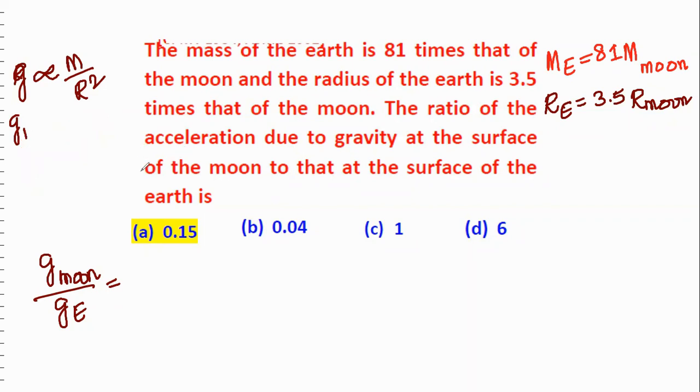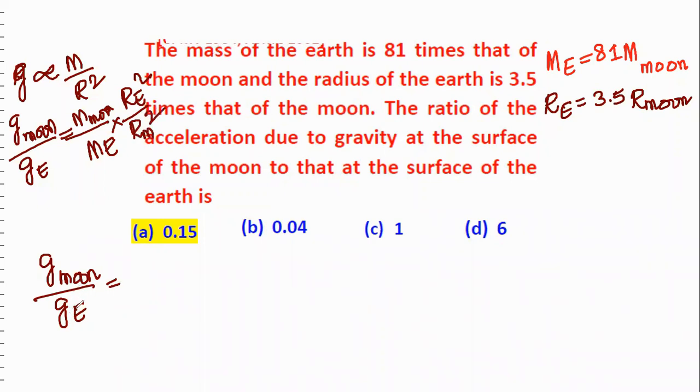In terms of the Moon, g moon divided by g earth is equal to mass of the Moon divided by mass of the Earth into R earth square divided by R moon square.